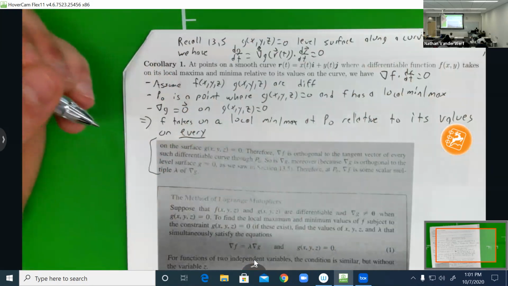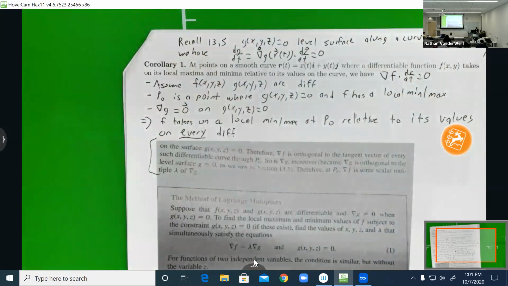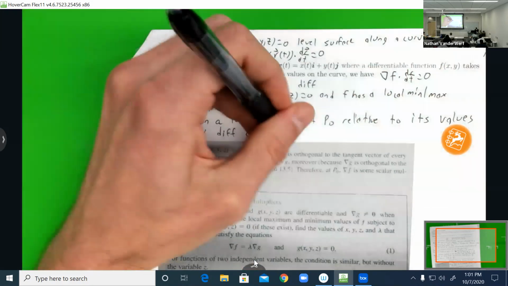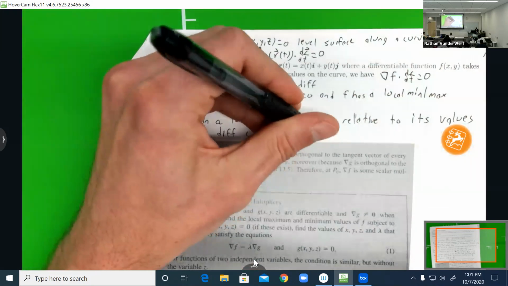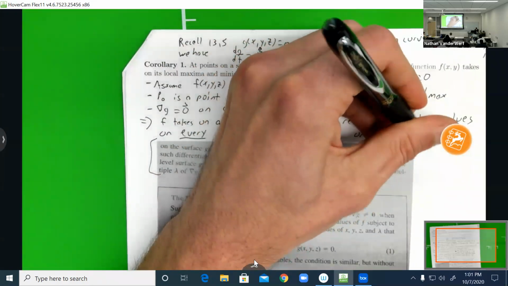Not just one, not just two, but every differentiable curve. So now I'm repeating this.